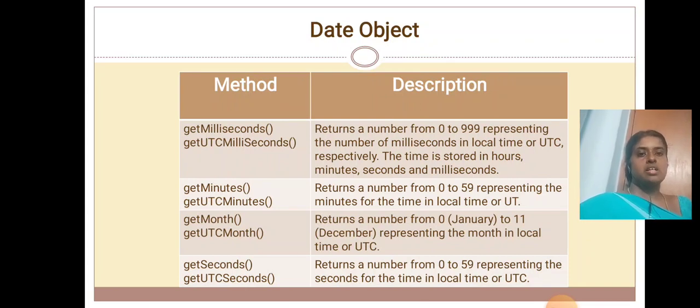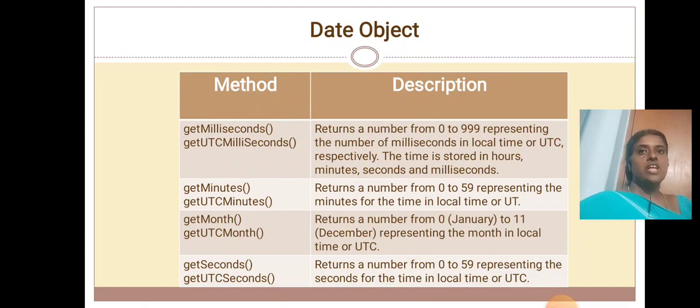Next are getMinutes and getUTCMinutes. getMinutes will return the minutes as per your system, the minute we are currently in. The values will be between 0 and 59, since every minute is made up of 60 seconds.